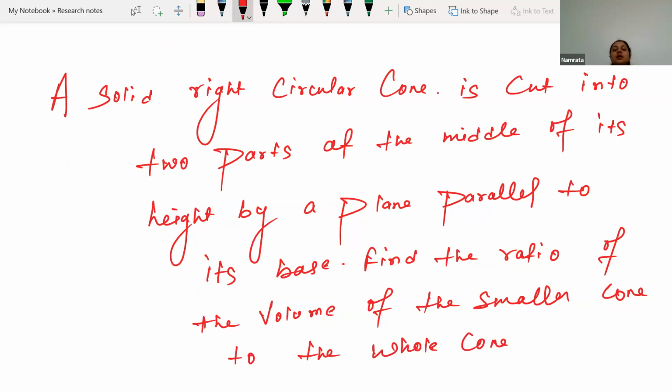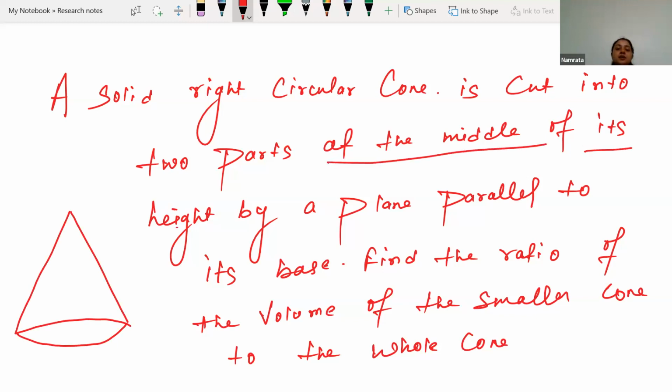It says a solid right circular cone, so this is a right circular cone, cut into two parts. We are cutting this cone into two parts at the middle of its height.